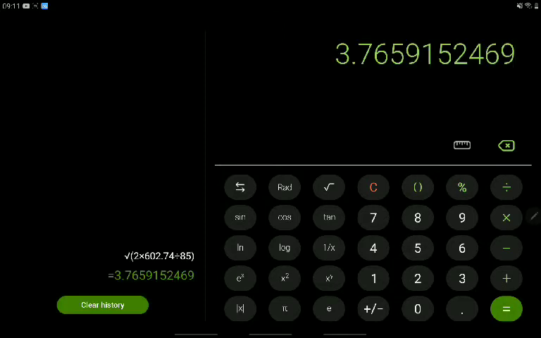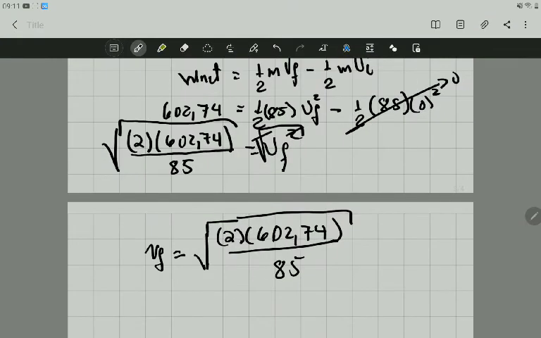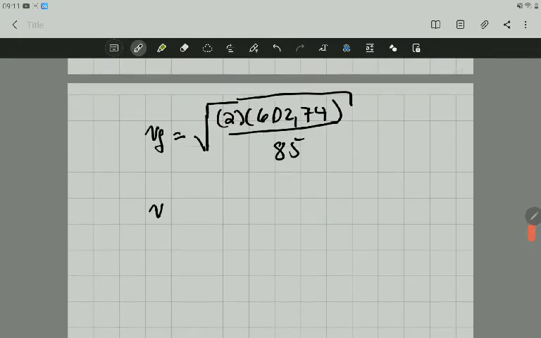That is equal to 3.7659. So we're going to round off to 2 decimal places, 3.77. That is the answer for the final speed.